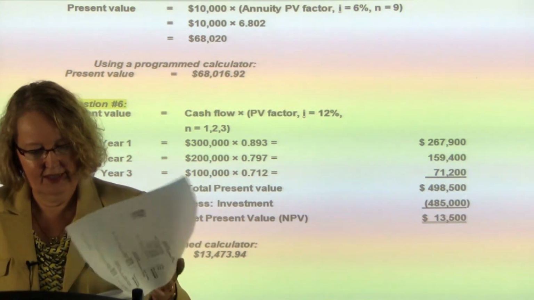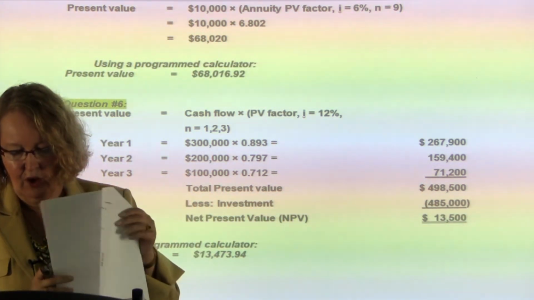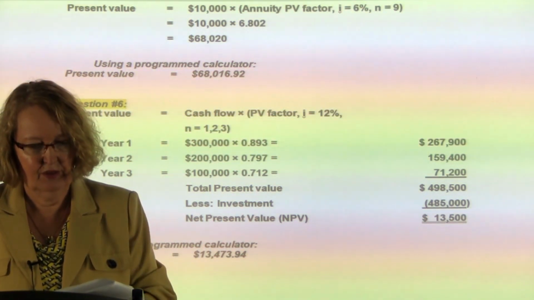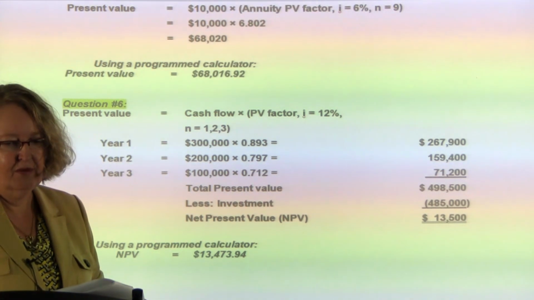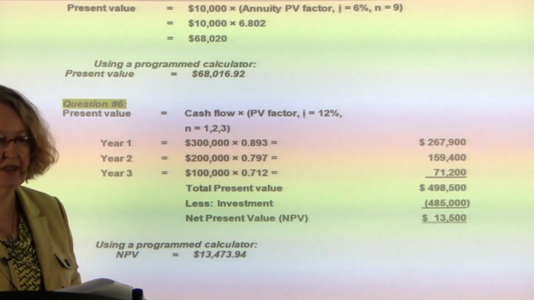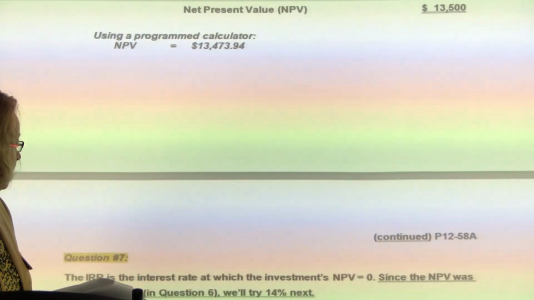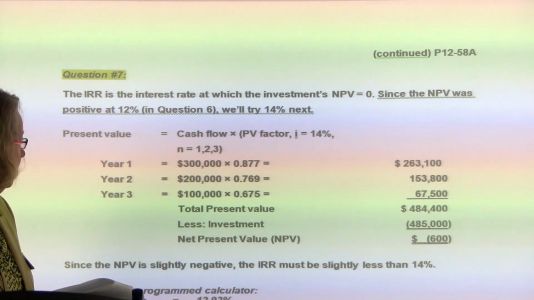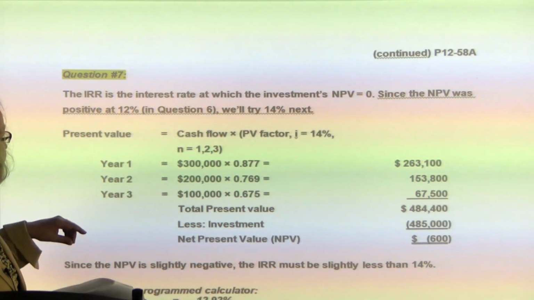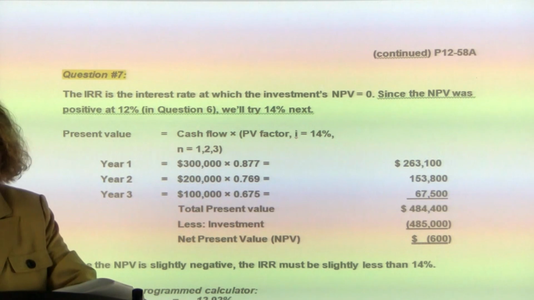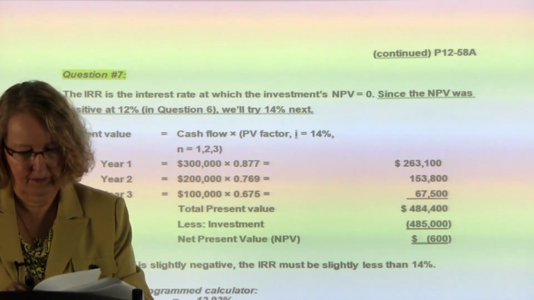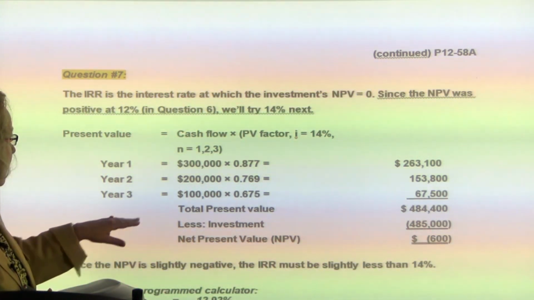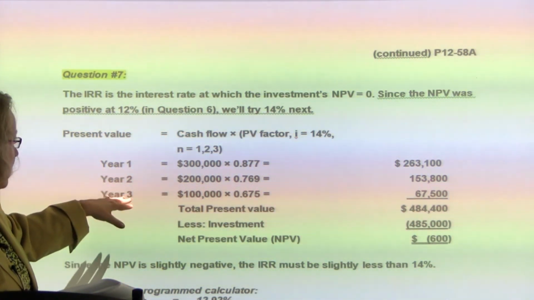And number 7, our last scenario, is: what is the internal rate of return? The internal rate of return is the interest rate at which the net present value is 0. So what we're looking at here is identifying the present value factor at 14% for each of the years.